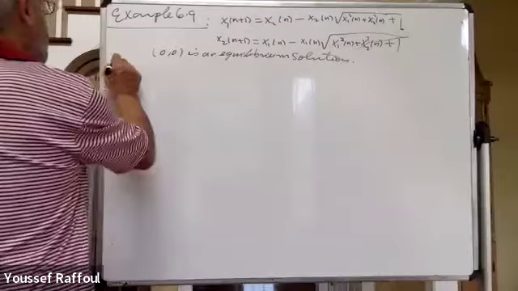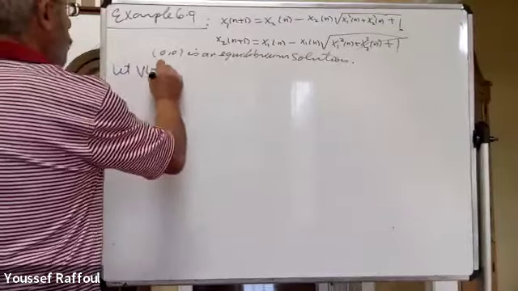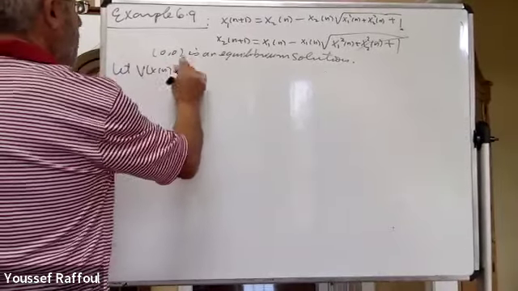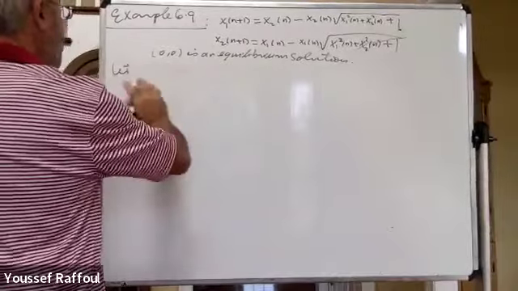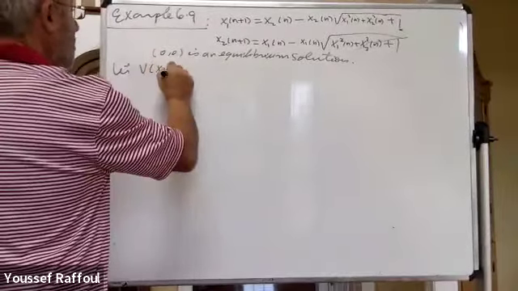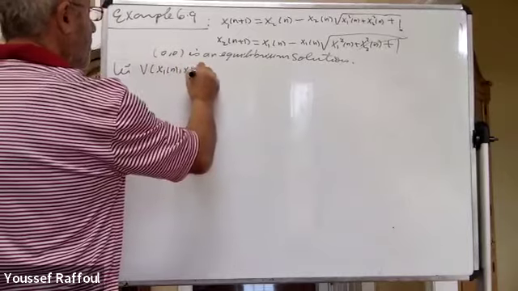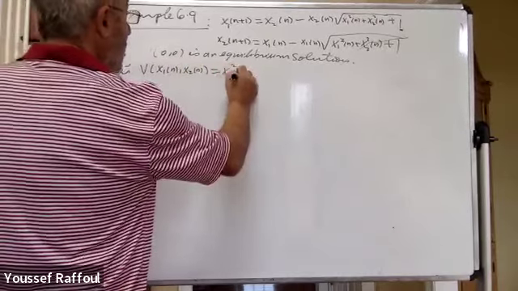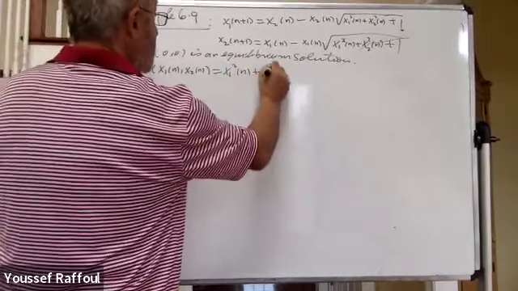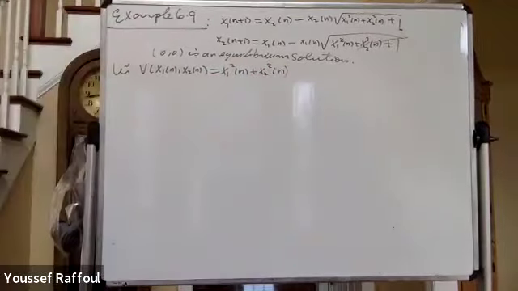So we're going to take V of x1, x2 equal x1 squared of n plus x2 squared of n.